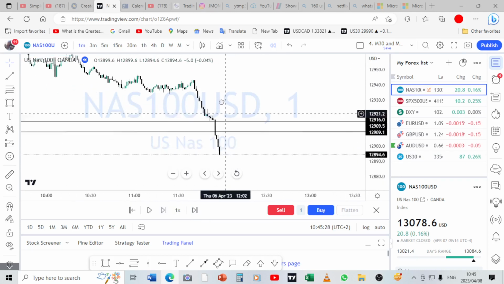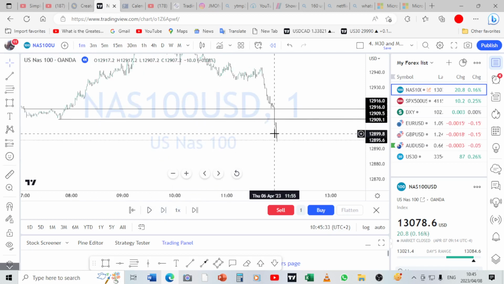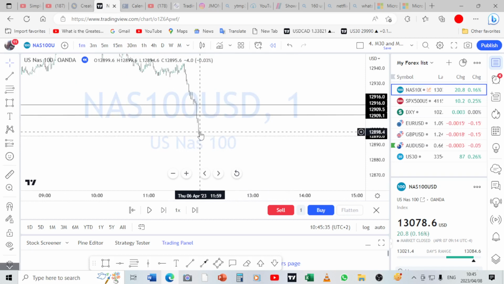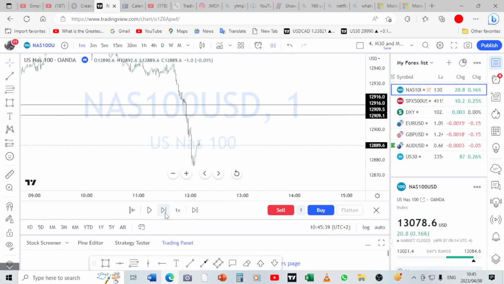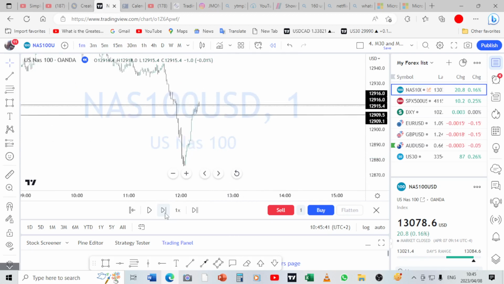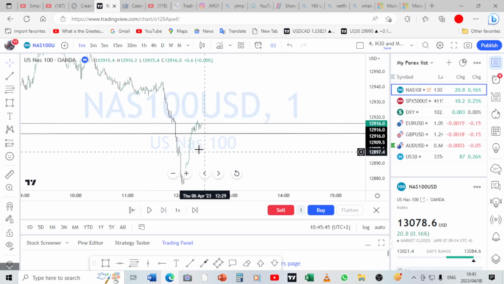For this example, the market broke the low. You know what you are going to wait for. I'm not going to talk about trading this, I'm talking about the Judas swing.